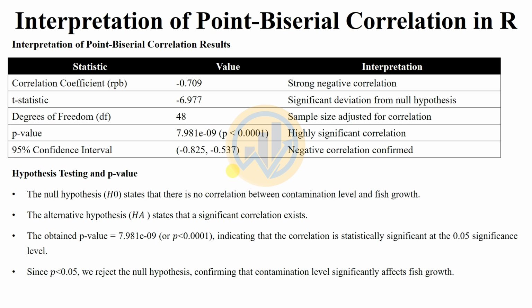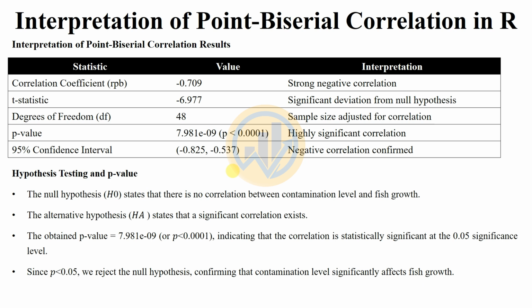The hypothesis test and p-value. The null hypothesis H0 states that there is no correlation between contamination level and fish growth. The alternative hypothesis HA states that a significant correlation exists.